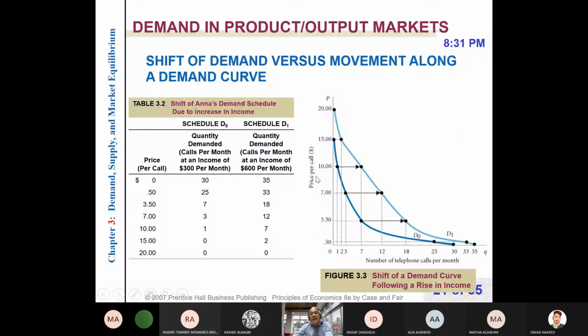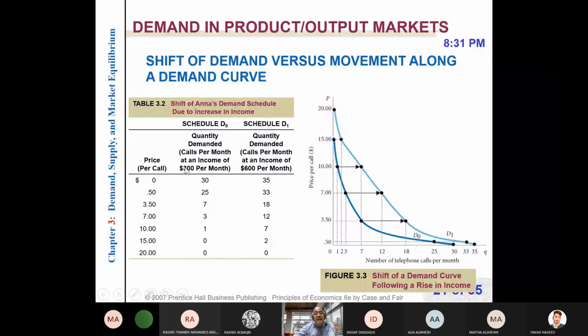As the price per call decreases, with the old salary, the quantity demanded will increase from 1 to 3, this dot. But with the new salary, at $7, the quantity demanded will increase from 7 to 12. So what is the conclusion now?